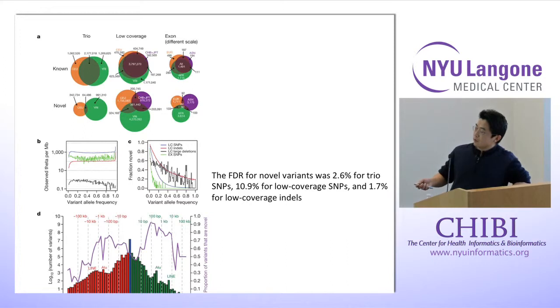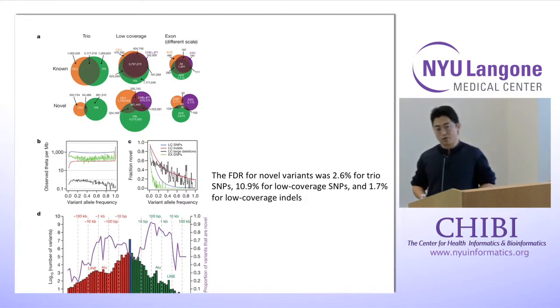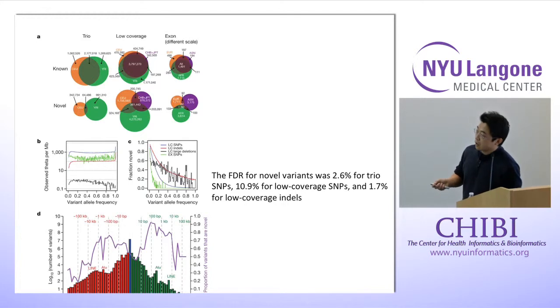A following study shows the false discovery rate for the trio is relatively low, at 2.3%. For the low coverage, it's about 10%. And for the exon data, the false discovery rate is relatively close to the trio.